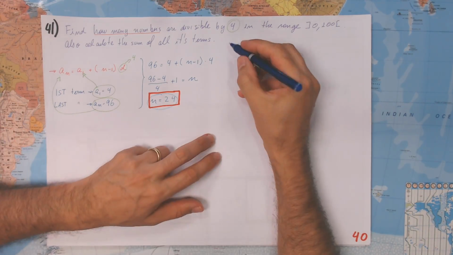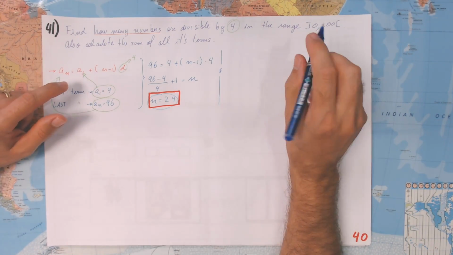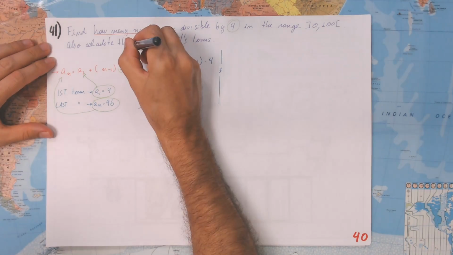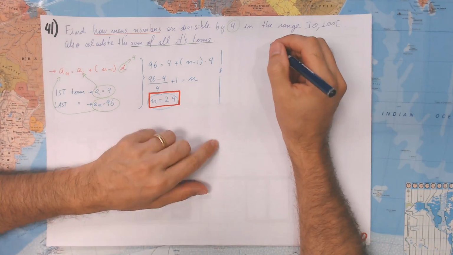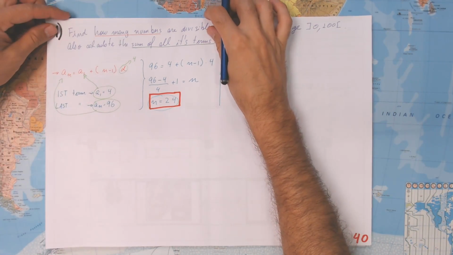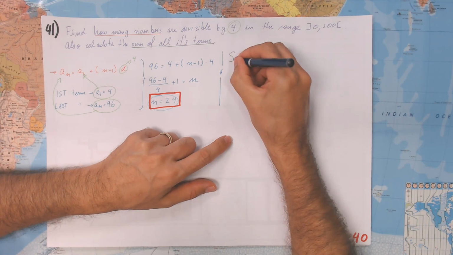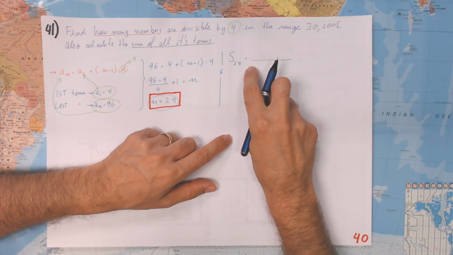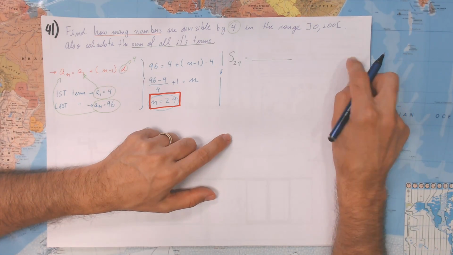What is going to be the second part of the exercise? What is the sum? Let's make it in black. Okay, the sum of its terms. Well, for that we're going to use the summation. If you remember, the summation of those 24 terms is going to be the first plus the last times half of the terms.